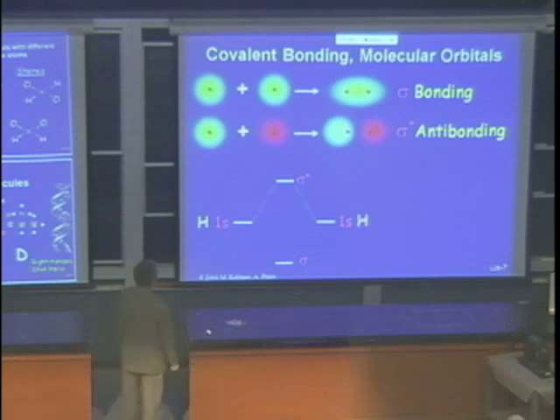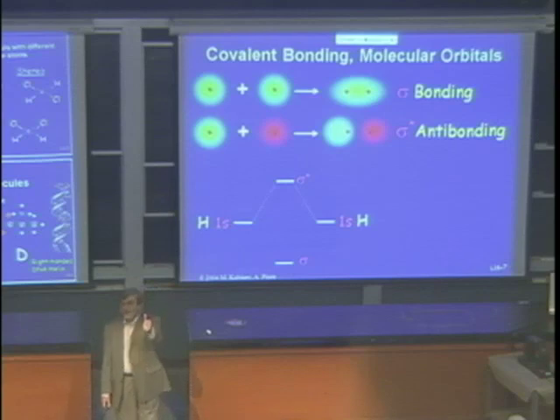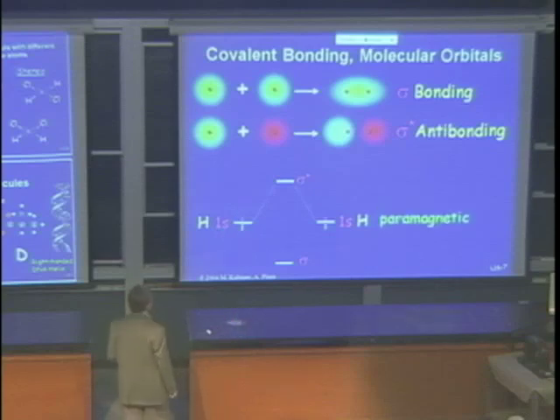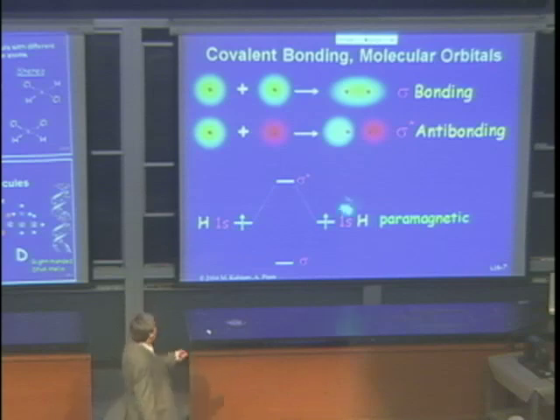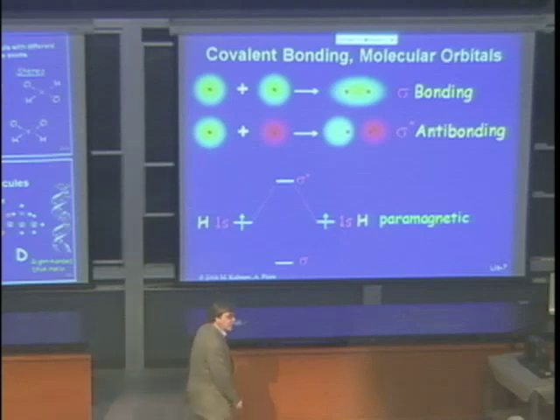So let's look at hydrogen. Hydrogen has one valence electron and one electron to begin with. It's a 1s1 configuration. There's one here and one here. So hydrogen by itself, the atom, would be paramagnetic, would be magnetic. Now we distribute each of these electrons into the lowest bonding state.